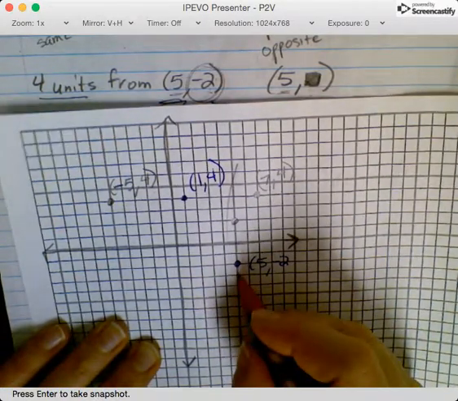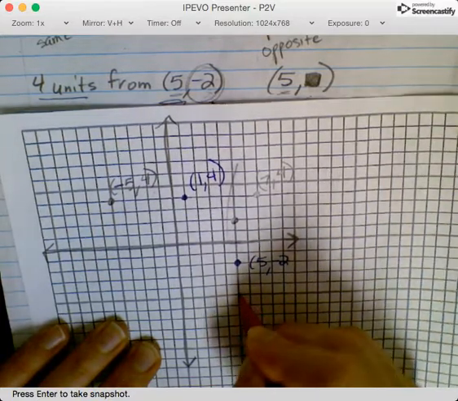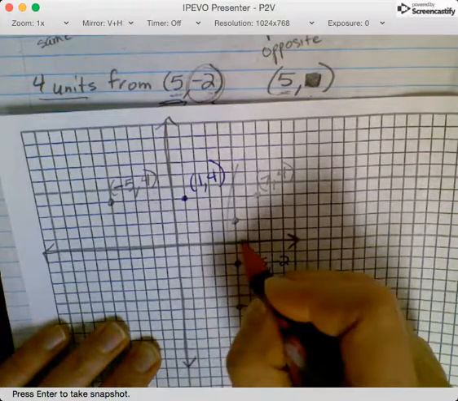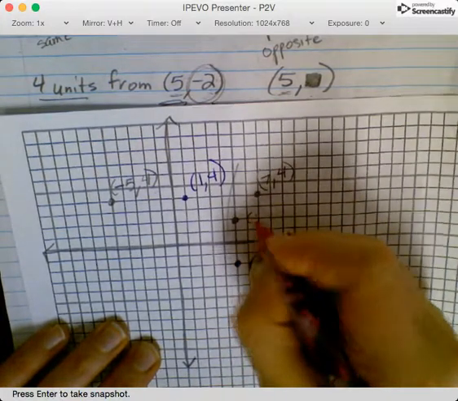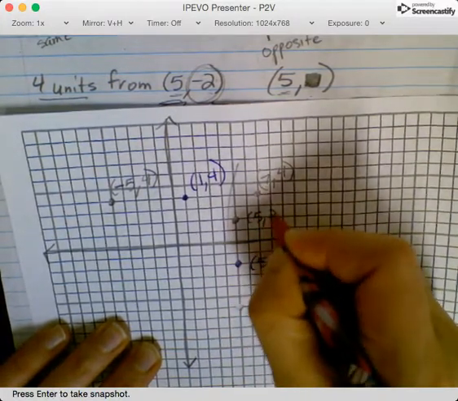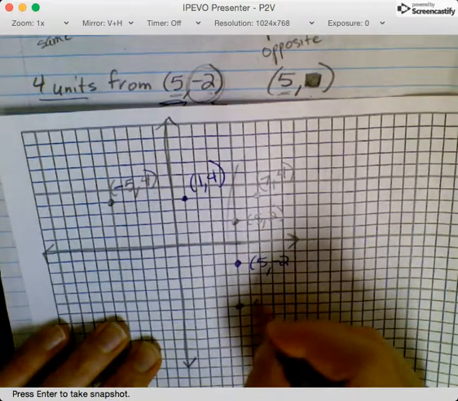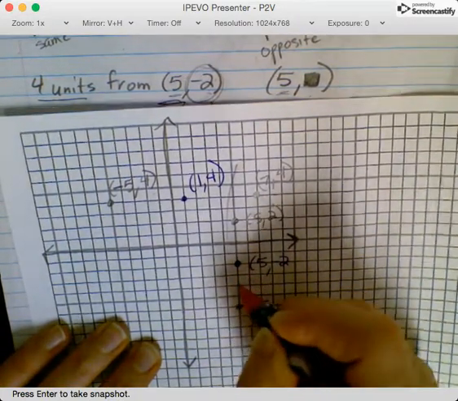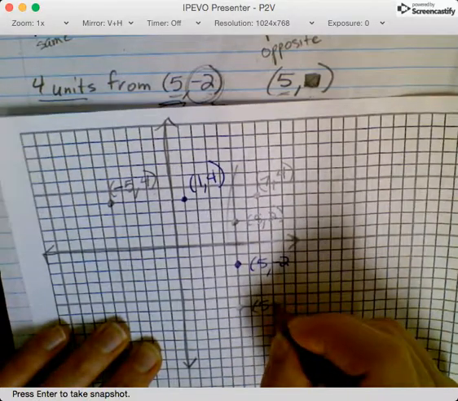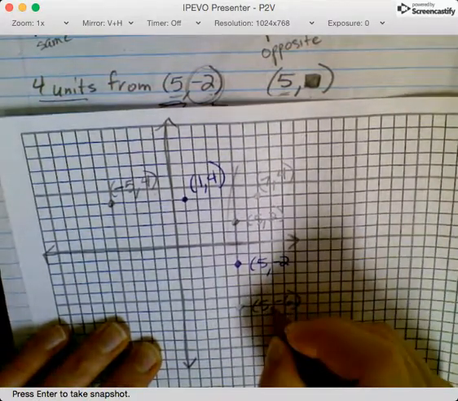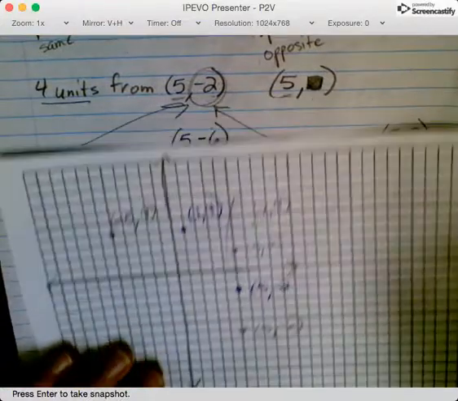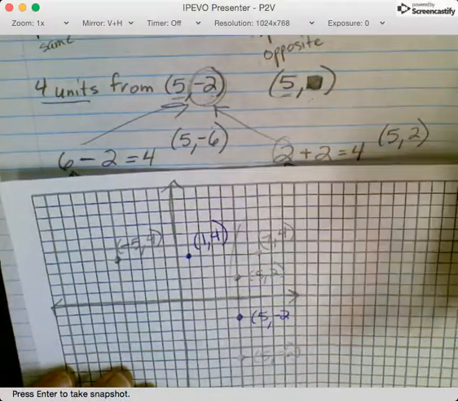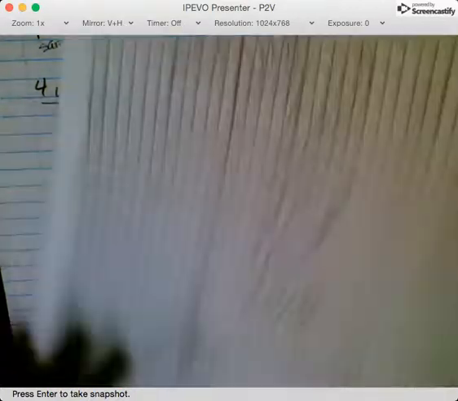And then 4 units down: 1, 2, 3, 4. This point is 5, 2. This point is 5, negative 6. Let's check. We came up with 5, negative 6 and 5, 2. So that checks out.